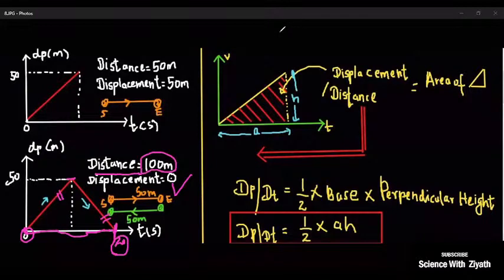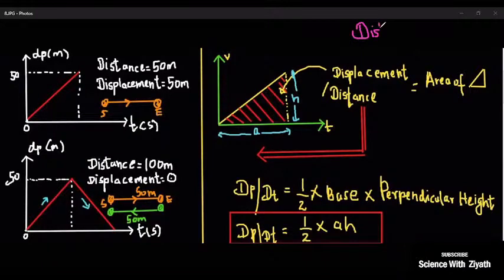Remember one thing. In the velocity time graph, I will talk about it later, but I'm saying that they may ask for distance or displacement.